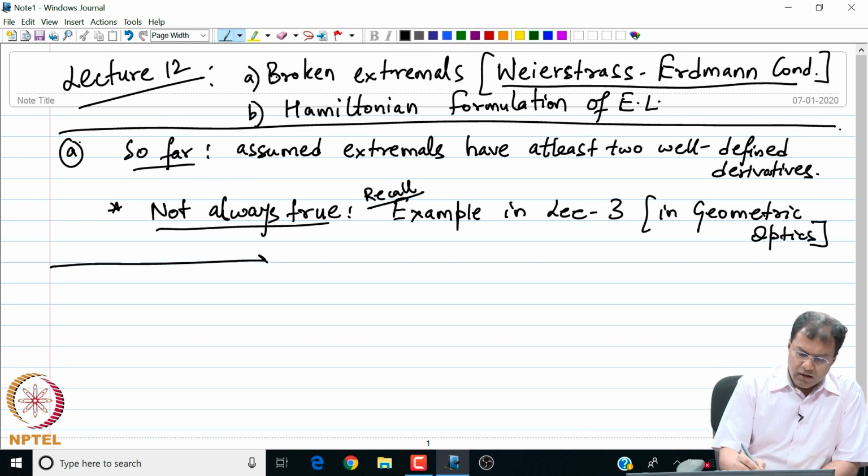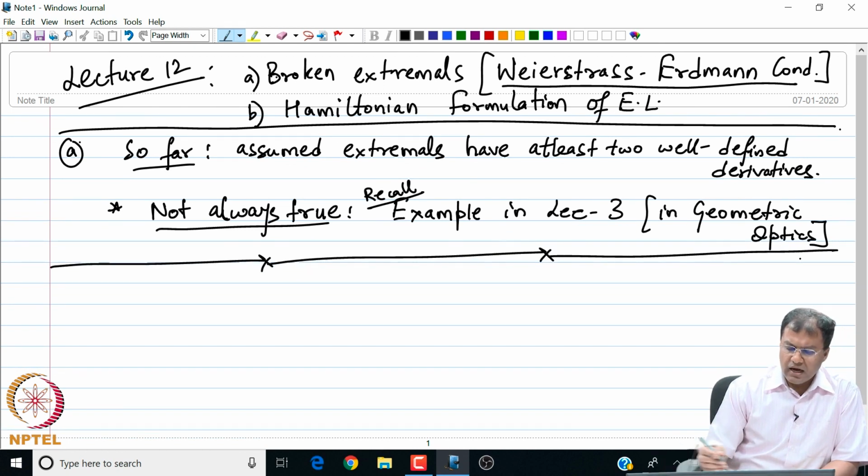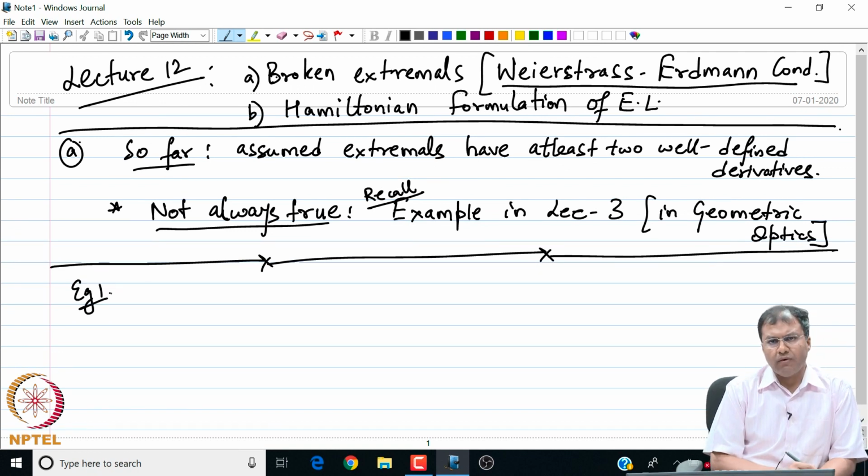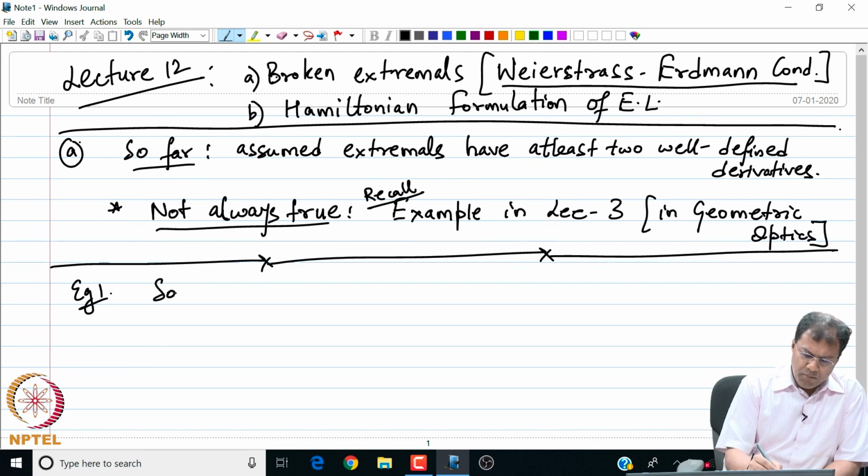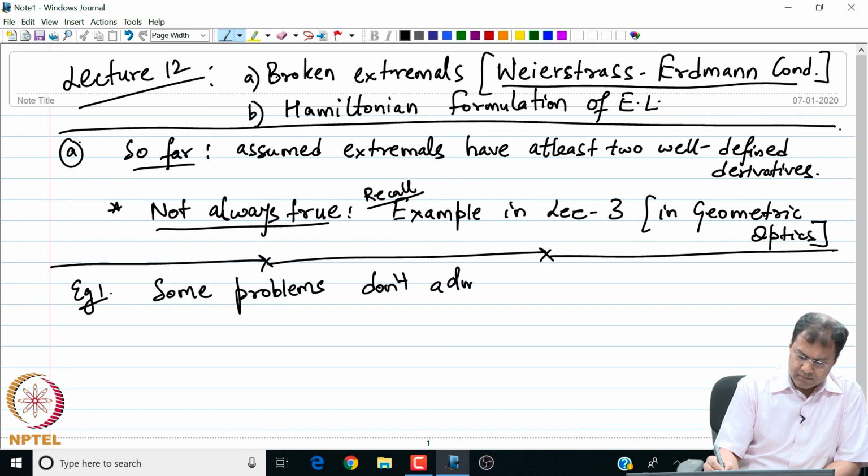One quick example: there are several innocent looking functionals in which the extremals are not continuous at all. Forget about discontinuity in derivatives, they are not even continuous functions. So some problems don't admit smooth extremals.